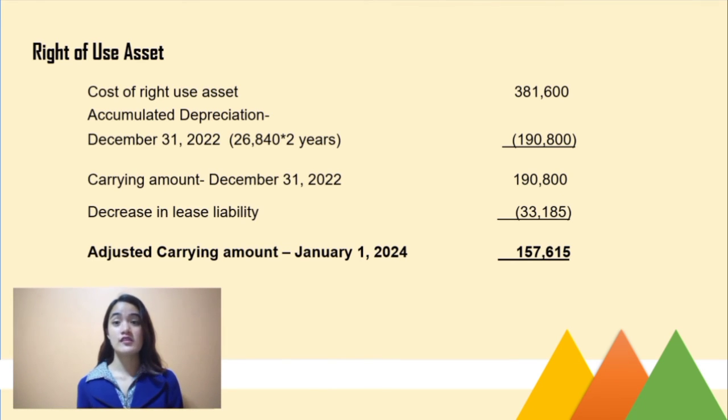I-deduct natin sa kanya yung decrease in lease liability, 190,800 pesos minus 33,185 pesos, it will result to the ROU adjusted carrying amount on January 1, 2024, amounting to 157,615 pesos.